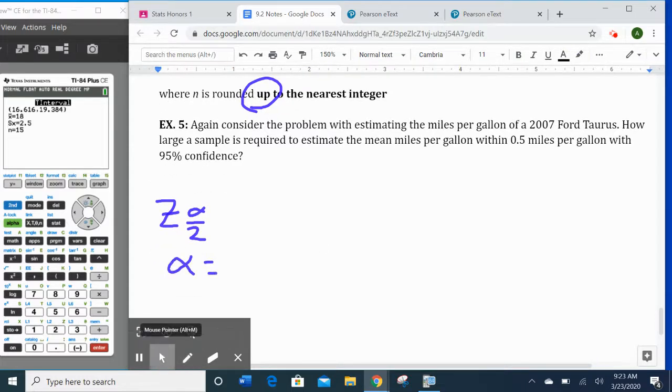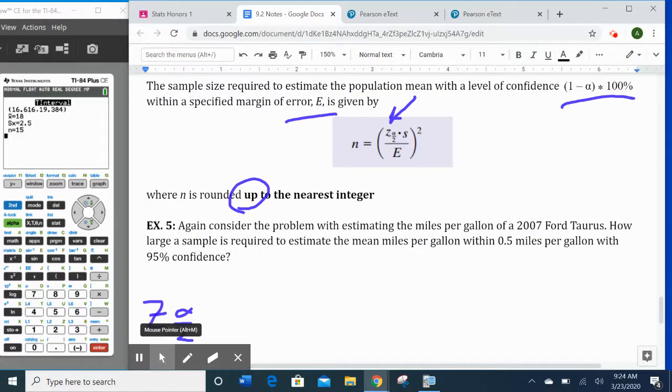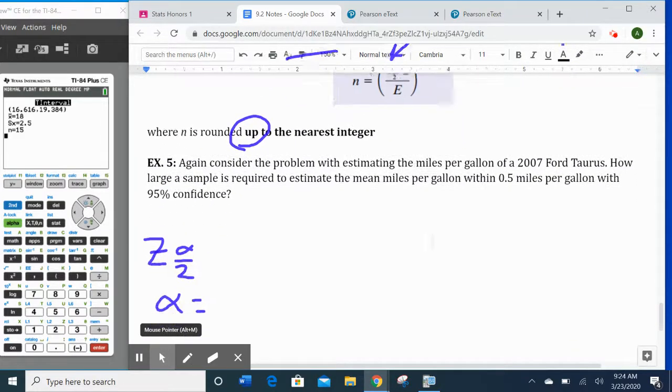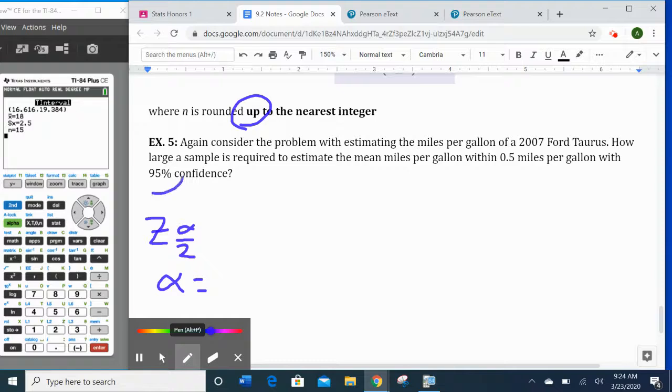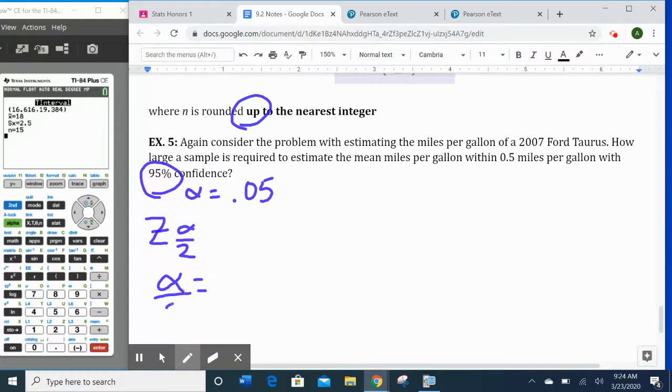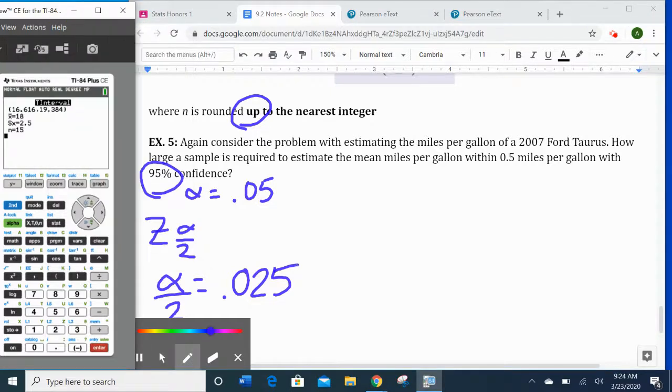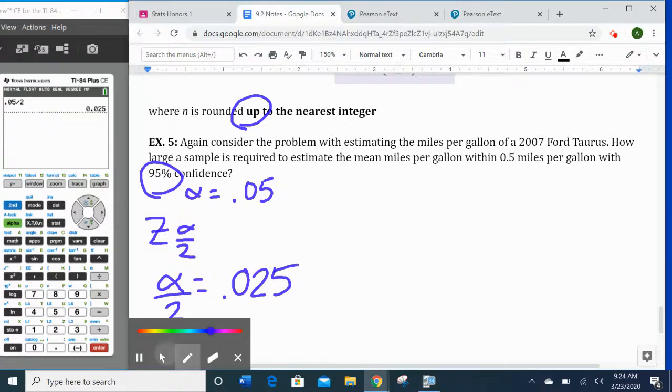So let's start by determining alpha. It's 1 minus alpha times 100%. So if I look at this confidence level, 95%, that means alpha is 0.05. So alpha over 2 would be 0.025. So I would take 0.05 divided by 2, 0.025 for alpha over 2.